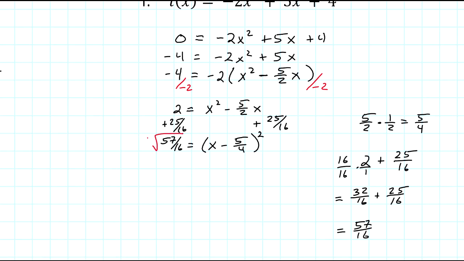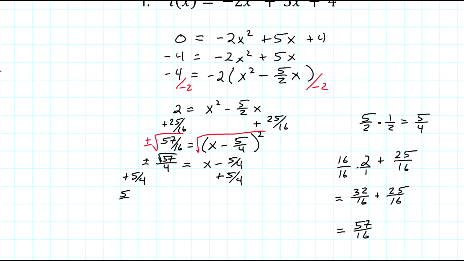We'll now take the square root of both sides to get plus or minus the square root of 57/4 equals x minus 5/4. Add the 5/4 to both sides to isolate the x.